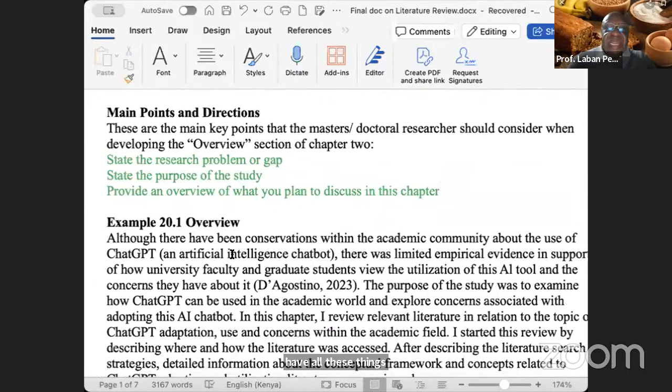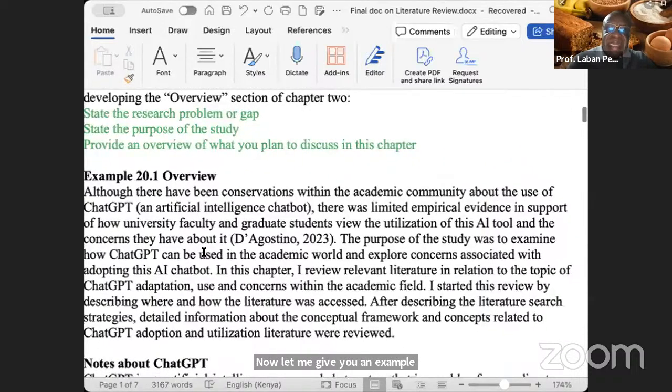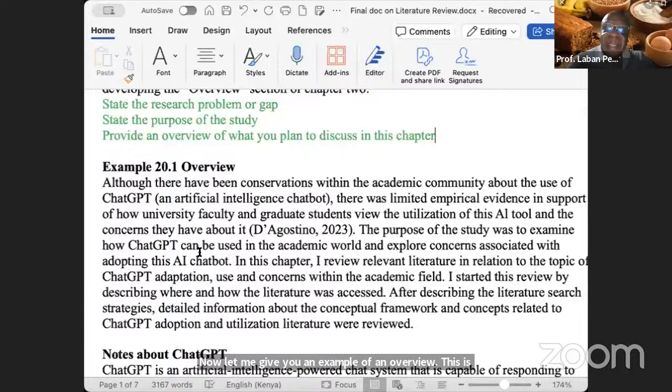Now, let me give you an example of an overview. This is from the book. I've picked one of my favorite things nowadays, ChatGPT. So this is what I would write, for example, in the overview of the chapter.